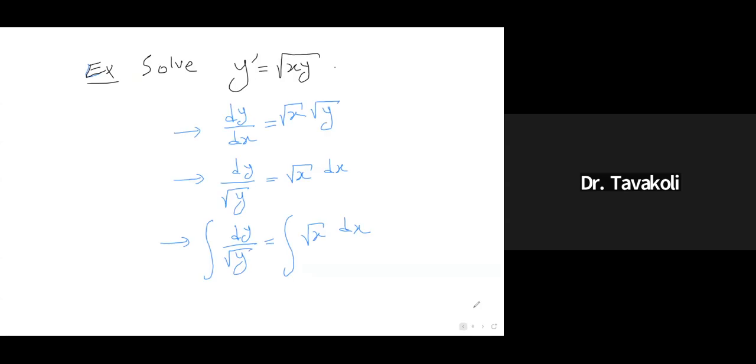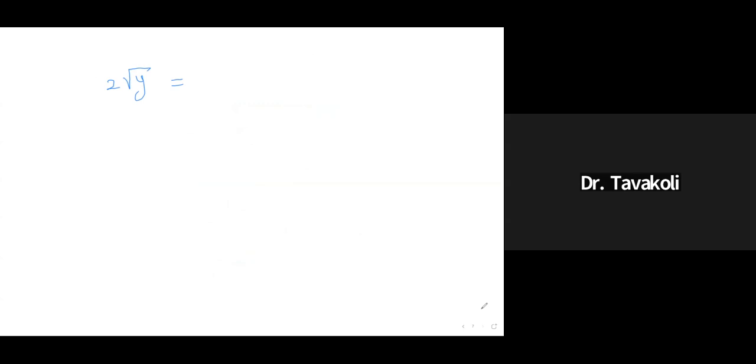Antiderivative of radical x, radical x is x to the power of 1/2. Using the power rule, it's going to be 2/3 x to the power of 3/2. And we need a plus c here.